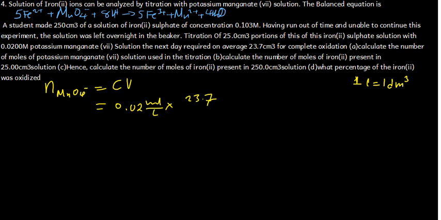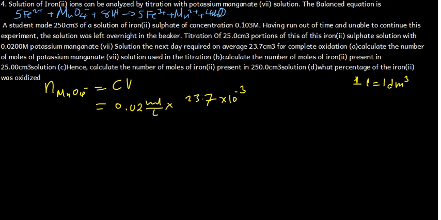That is just simple by multiplying by 10 to the power negative 3. So we've already converted cubic centimeters to cubic decimeters, because molar is the same as mole per liter or also mole per cubic decimeter. So these two are the same. If we convert to the other, that means we've already converted to the other also.